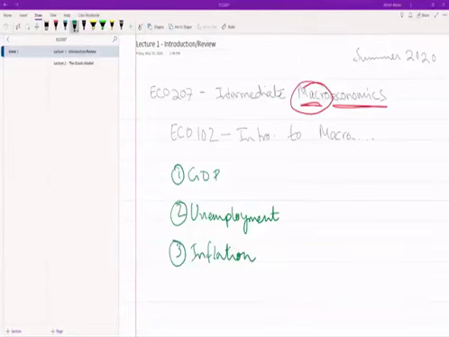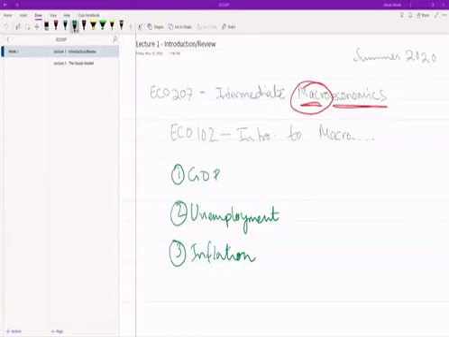We're going to get a bit more technical, look at more real-world examples, and try to relax some of the simplifying assumptions that we had made. And hopefully by the end of the semester, we will understand the world economy and the economy of the country a bit better. Let's see how that pans out.